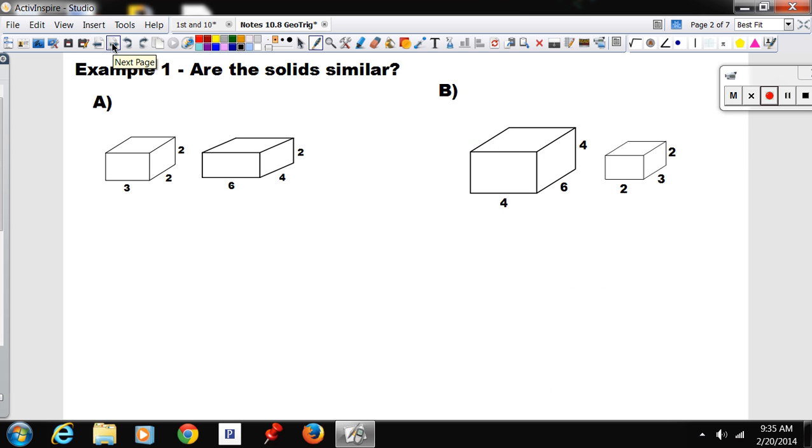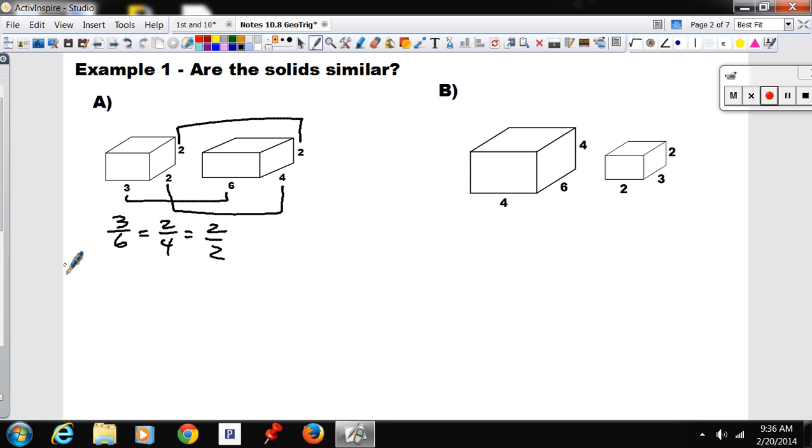Okay, now the first example is just asking us the question, are these two solids similar to each other? For them to be similar, all the sides have to reduce to the same ratio. All corresponding sides. So this 3 corresponds to that 6. This 2 corresponds to that 4. And this 2 corresponds to this 2.